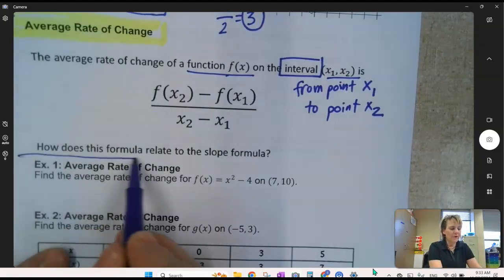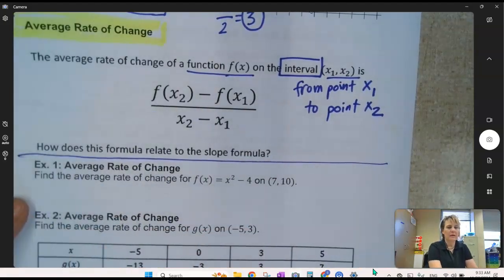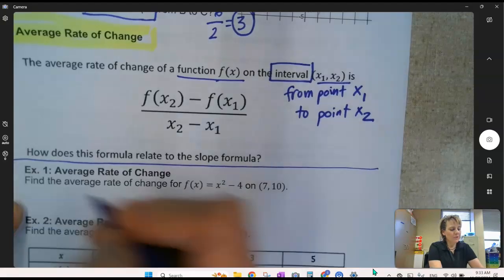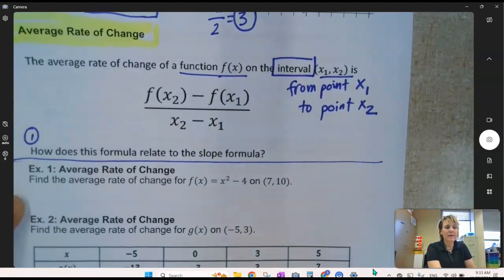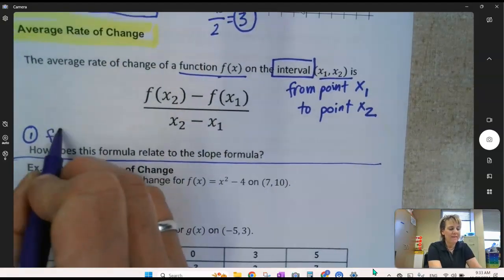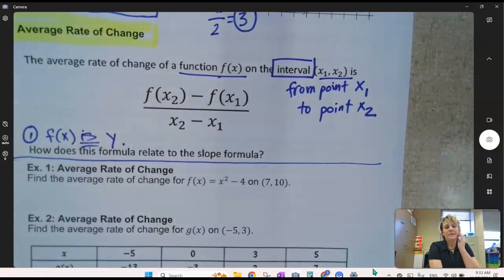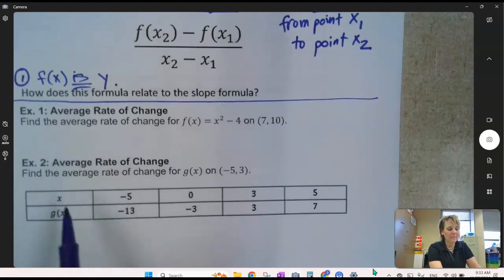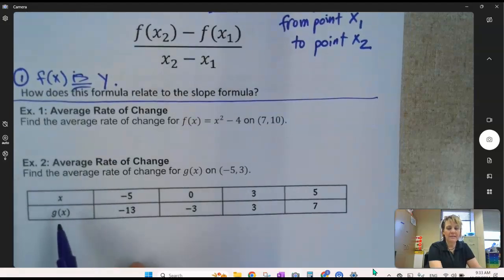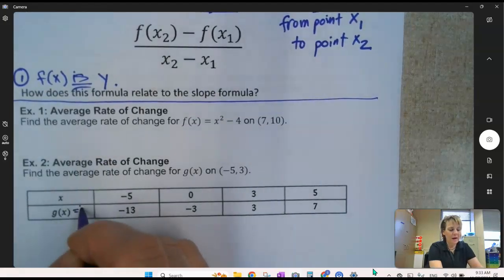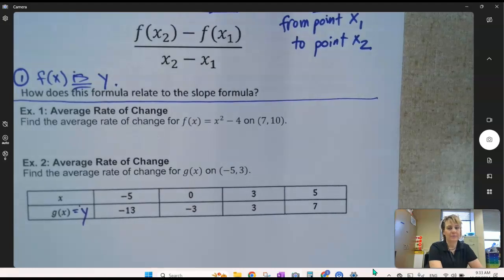But how does this formula relate to the slope formula? Well, 2 things. One, we know by definition that f of x is y. So if we have, for example, a table like this, g of x and y are interchangeable.